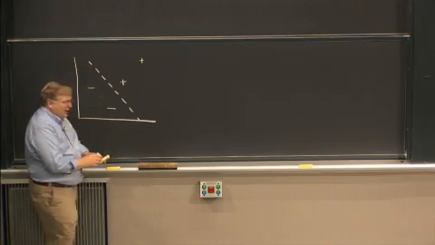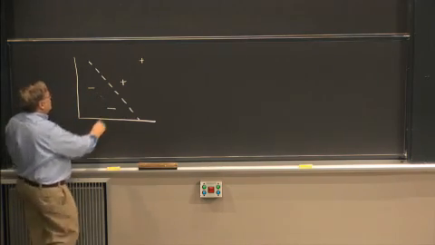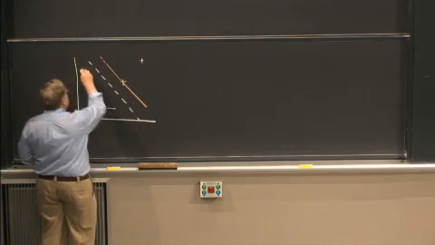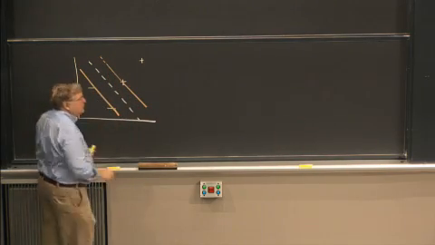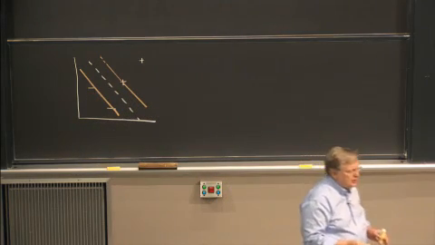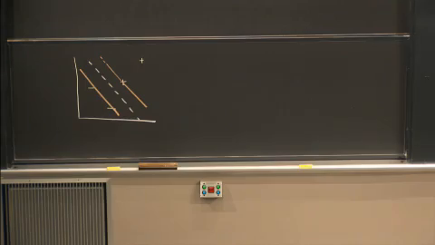And that line is drawn with a view toward putting in the widest street that separates the positive samples from the negative samples. That's why I call it the widest street approach.